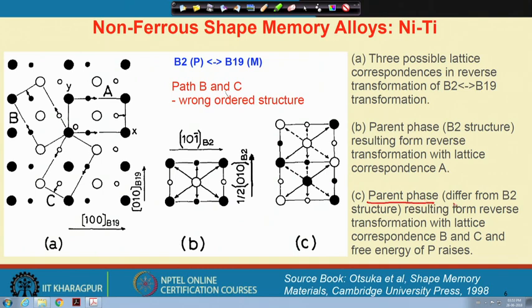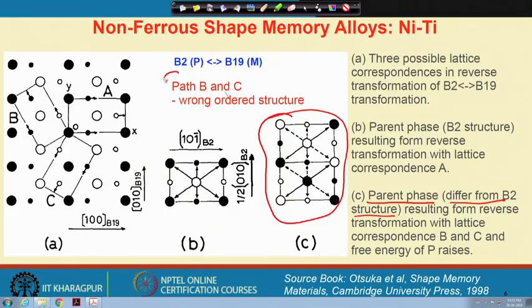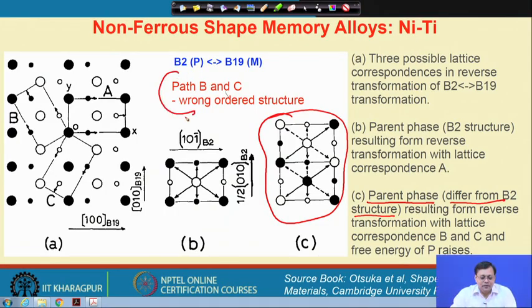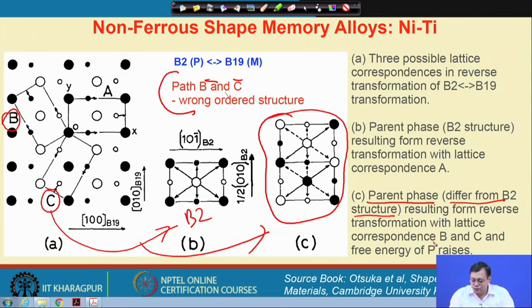So, it is very important which way the system chooses to transform from the product phase, that is martensite, to its parent phase, because this is not the original parent structure which is desired, which we started with. So, this is just a wrong sequence actually. From the path B and C, if we choose any of these lattice correspondences and try to go back to the parent structure which is B2, instead it basically goes here, and so the free energy of the parent phase rises and the transformation is not possible.